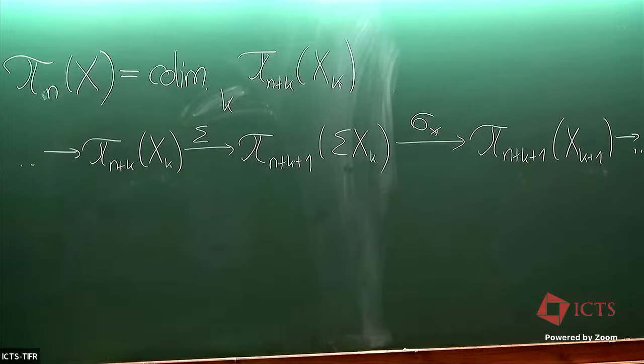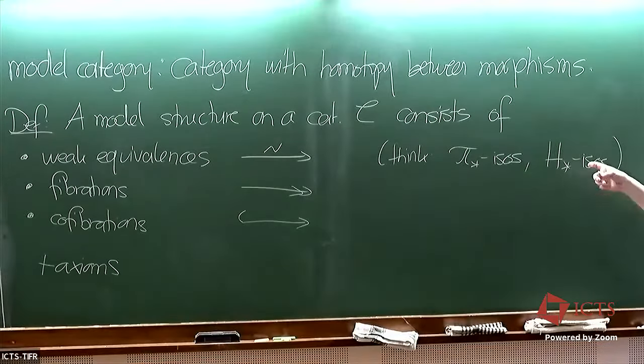Normally in these axioms, the weak equivalences are really the pi star isomorphisms, aren't they? They are the reason one does that, because these are the things that tell you when two spaces are equivalent or not. And these are the things that will become your homotopy equivalences, the things you're going to formally invert. So these are really the things that you care about.